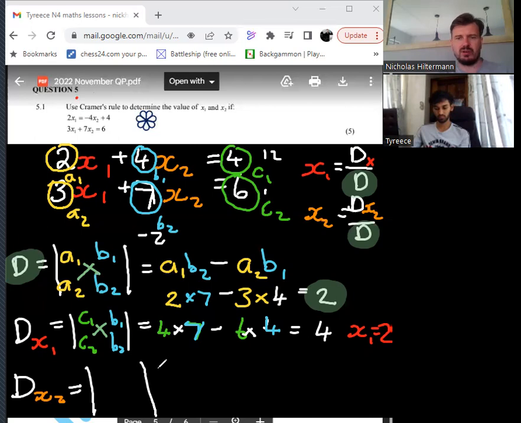I'm not going to do the whole thing with A1, B1, A2, B2, C1, B1, C2, B2. What I'm going to do is just say, okay, it's the yellow and the green. So let's just put them straight in. So 2 and 3. This is what you're going to be doing in the exam. You don't want to have to write the formula each time. So 2, 3, and then 4, 6.